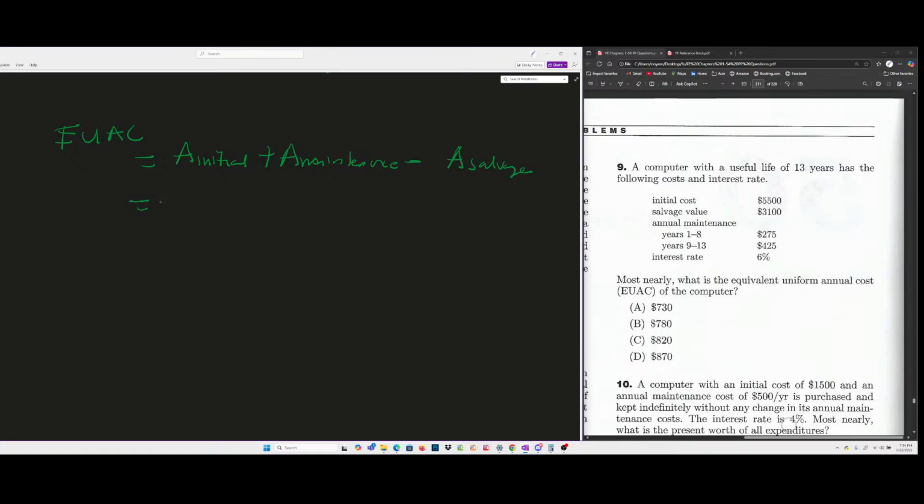So we're going to have 5,500 multiplied by A divided by P, 6%, 13, plus the maintenance of 320. We subtract the salvage value, which is 3,100.